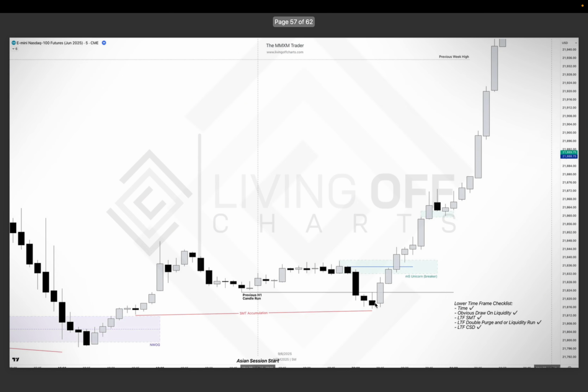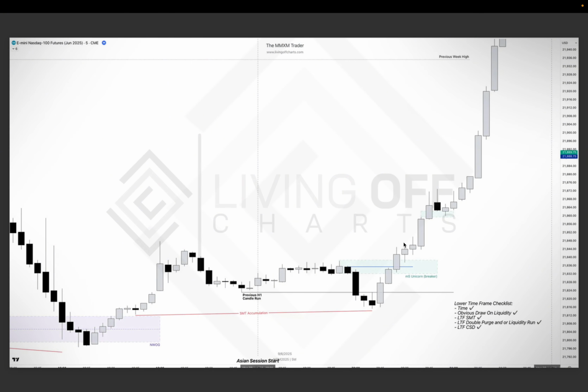Okay. We then look for a lower time frame change in the state of delivery. So remember, the previous hourly candle H1 candle run, the down close candles that trade into that liquidity pool right there, when the bodies get closed above by bodies right there, that's when the market changes its state of delivery from bearish to bullish.